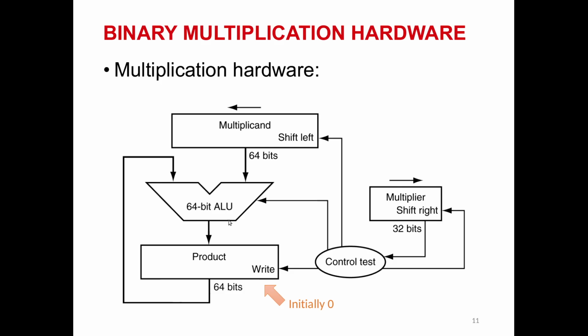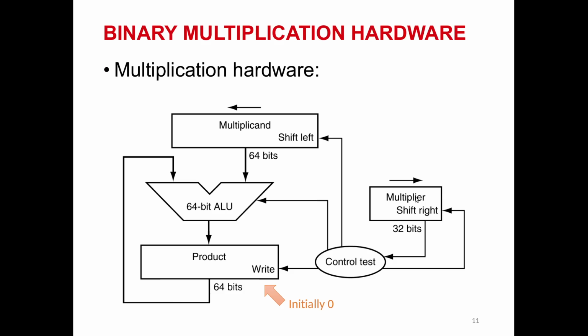And here is an ALU with 64 bits, and you can add the result of the multiplicand with the product, and the product comes back here, so we will have the product together with the multiplicand after shifting, and then you add it here and you write it back to the product register.